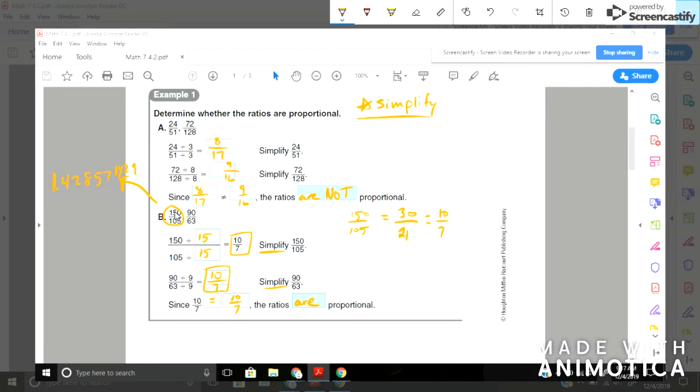Okay, and if I did the same for the other one, 90 divided by 63, that gives me the same exact answer, 1.42857, and so on. All right, that's another way to check and see, are those two proportional?